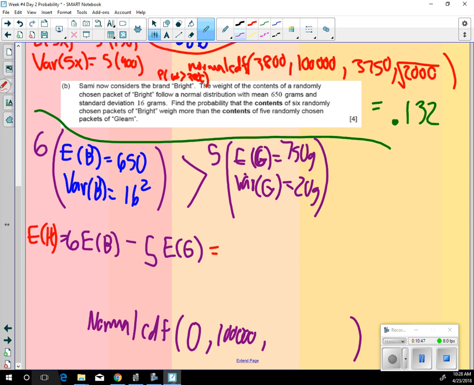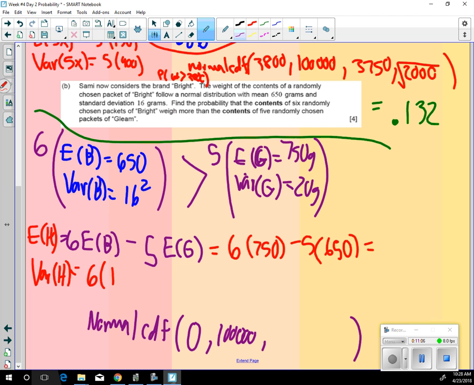So this is going to be 6 times 750 minus 5 times 650. I'll need a calculation there. And then the variance of H is going to be 6 times 16 squared minus 5 times 20 squared, right?